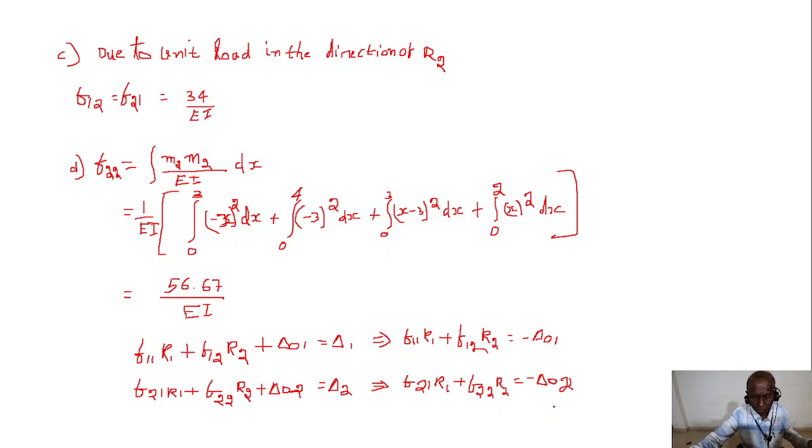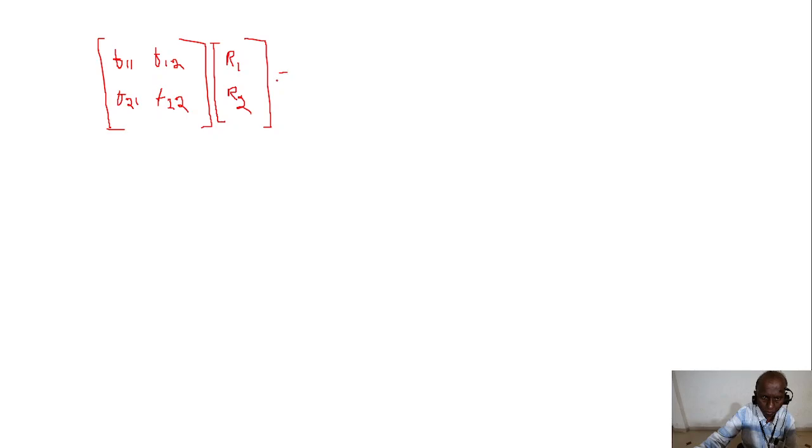Now you will convert these equations into matrix form, that is, matrix of F11, F12, F21, F22 into matrix of R1, R2 equal to matrix of minus delta 01, minus delta 02.